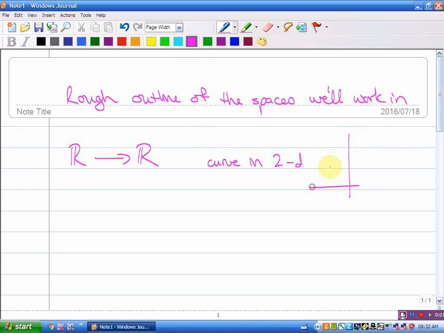Something like this, where this is a real number line, and that's a real number line. Not much more to say about that. You've done lots and lots of that throughout school and all through first year maths. So this is your most familiar thing. We are going to widen that.